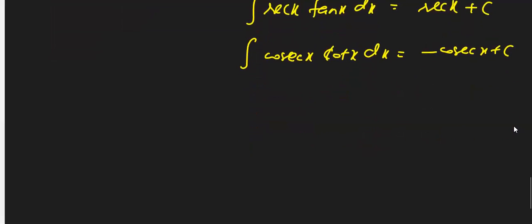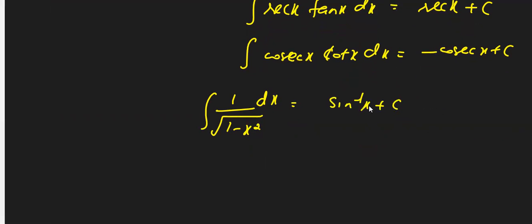Like this, we can consider inverse trigonometric formulas also. For example, integral 1 by root of 1 minus x square dx. We know that 1 by root of 1 minus x square is the derivative of sine inverse x plus c. Or you can also consider minus cos inverse x plus c.